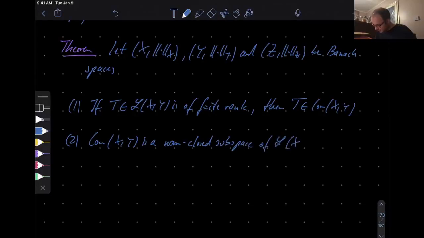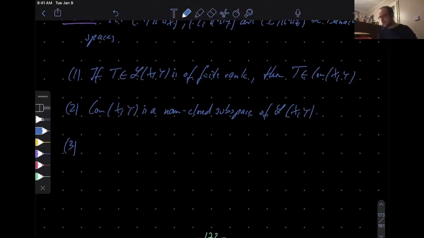So that means if you have a sequence of compact linear transformations and that sequence is convergent, then this second property says that the limit will be again a compact linear transformation. So in particular, if you combine 1 and 2, if you have a sequence of finite rank linear transformations and that sequence is convergent, then its limit will be compact. And that is very useful.